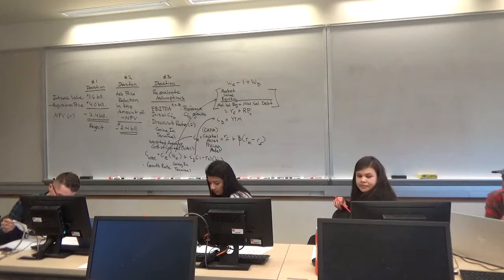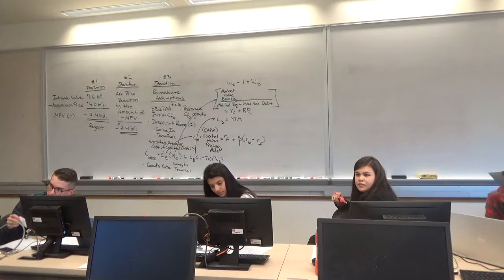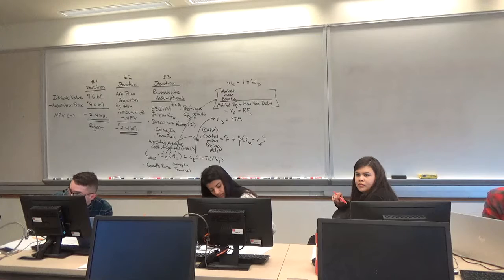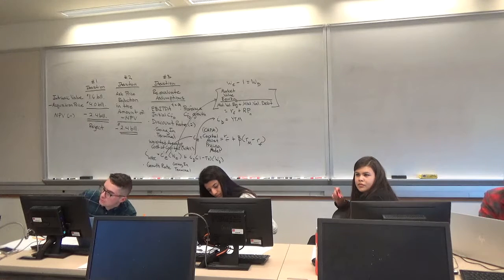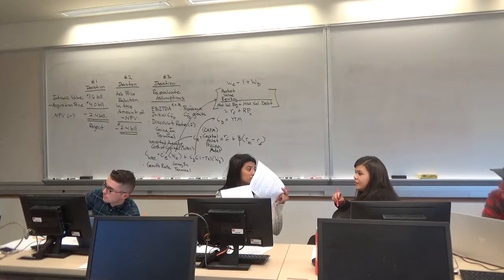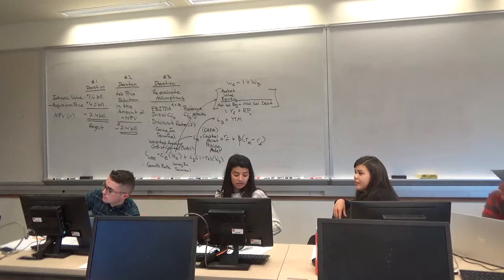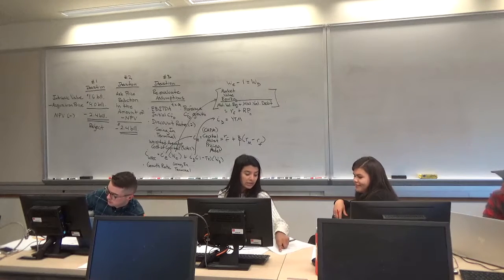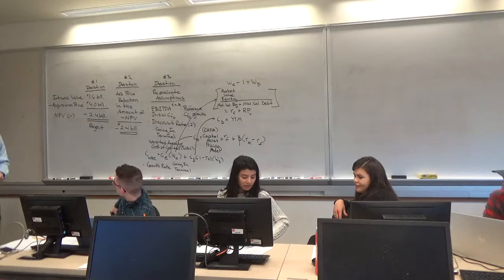If we revise the very first cash flow upwards, what happens to the present value? Goes up. What happens to the net present value? Goes up. What happens to the internal rate of return? Goes up. And the break even? Goes down. Got it.